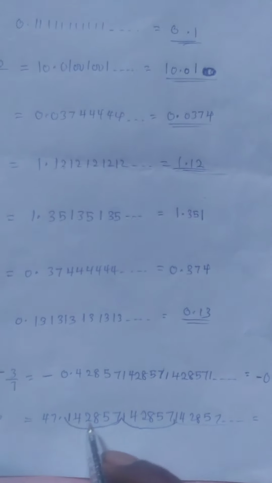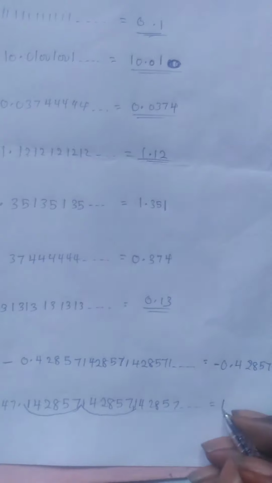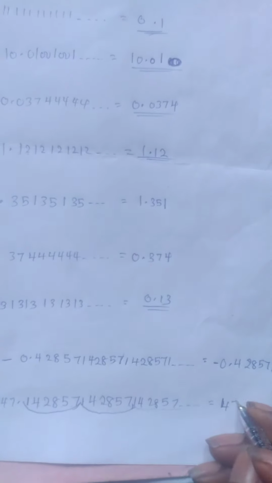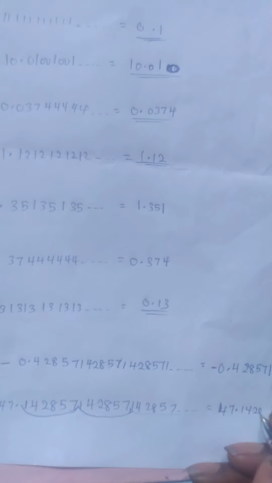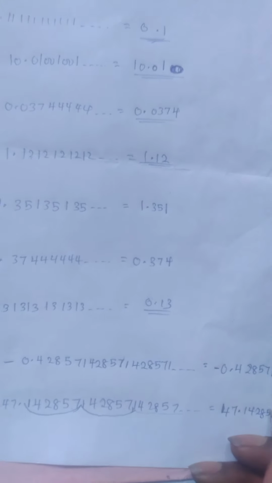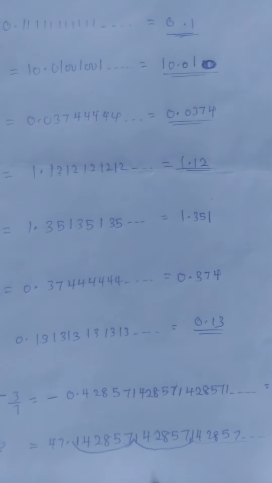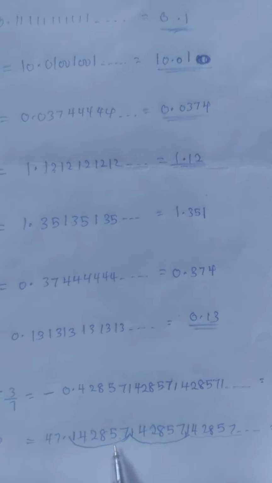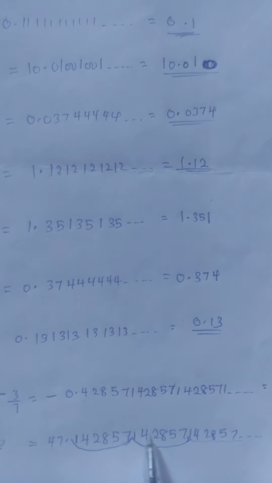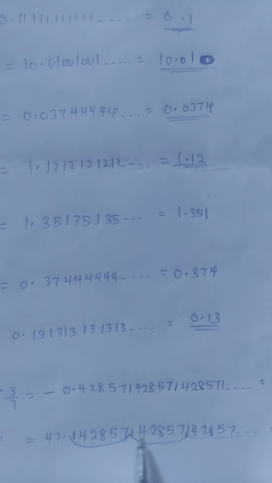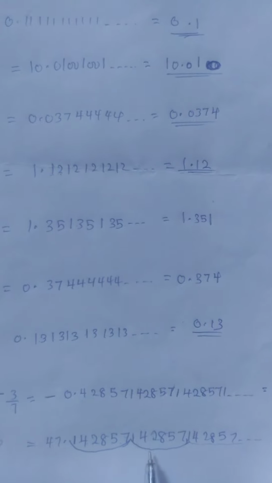So you have 47.142857, okay. So it repeats, the 142857 repeats itself. So instead of your calculator repeating 142857, it stops at 143, okay.